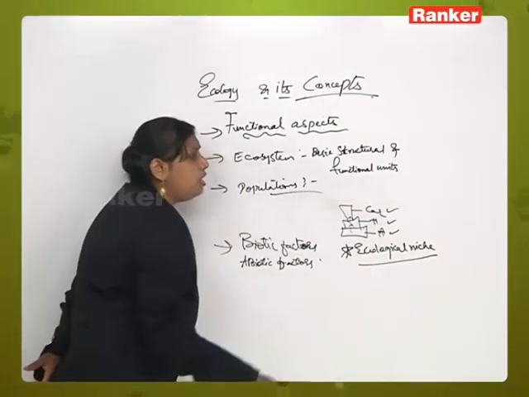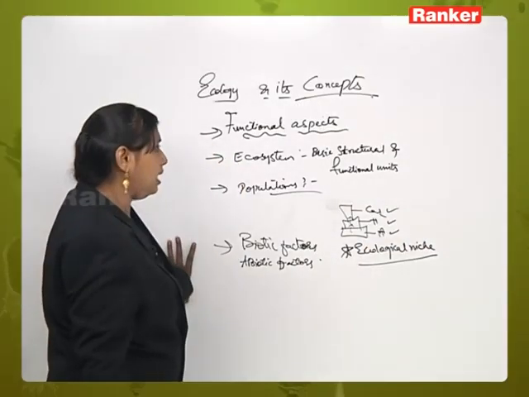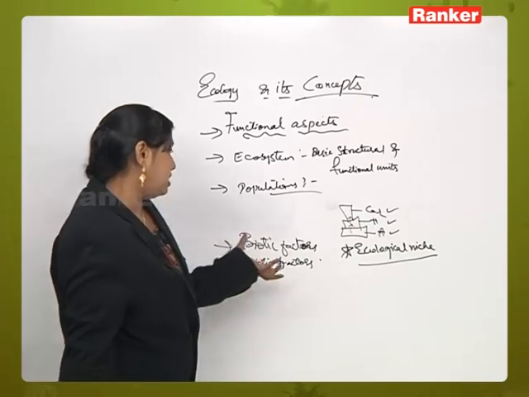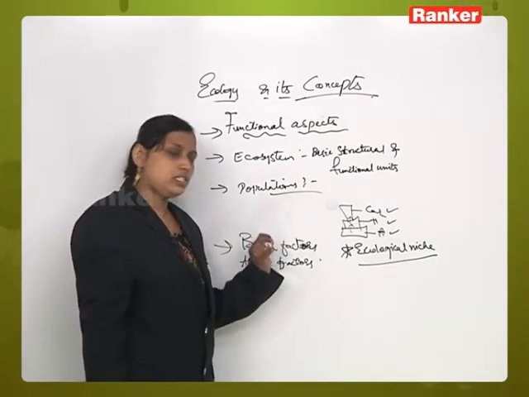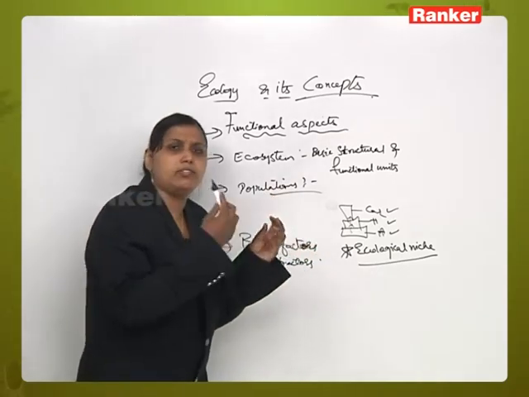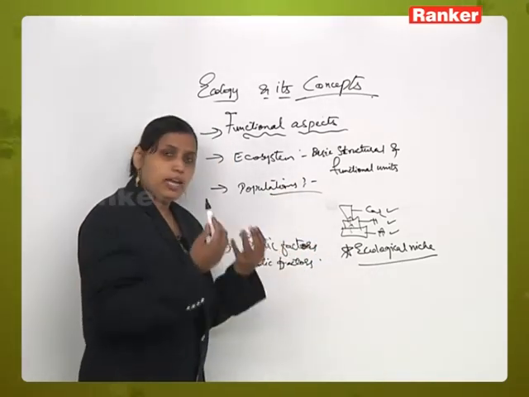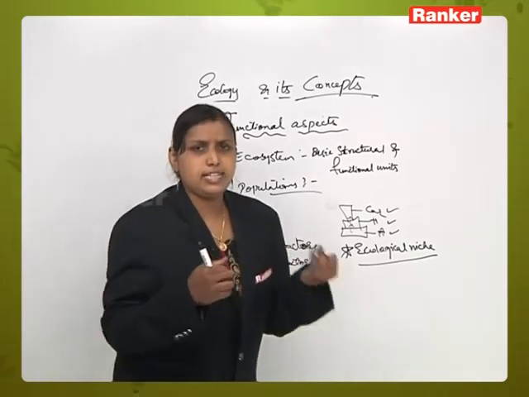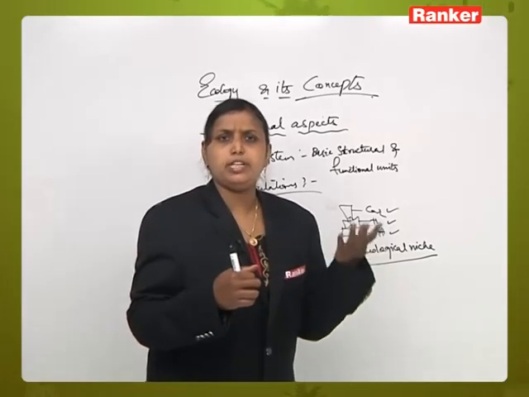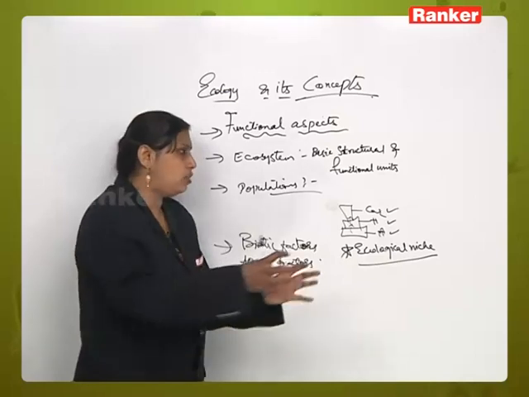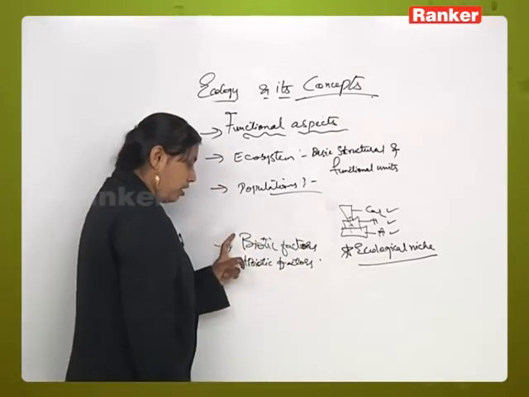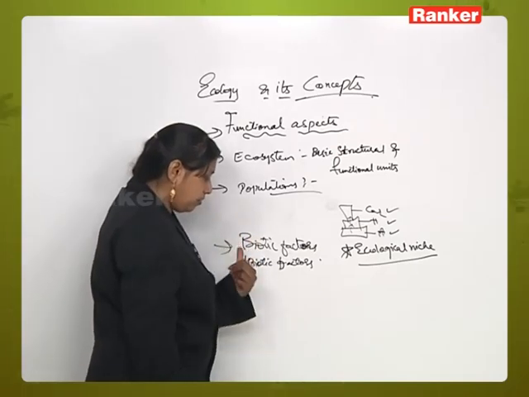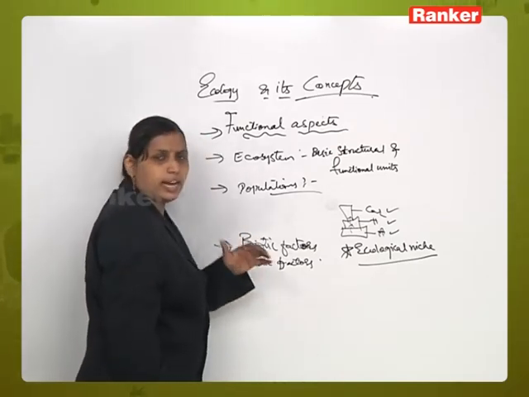Now the parameters of biotic and abiotic factors, as well as their interaction with the particular environment, are considered. In abiotic factors, we have light, temperature, heat, humidity, pH value, all that, the environment surrounding that population, the interaction among the population, and the interaction between the biotic factors, the atmosphere and the organism.